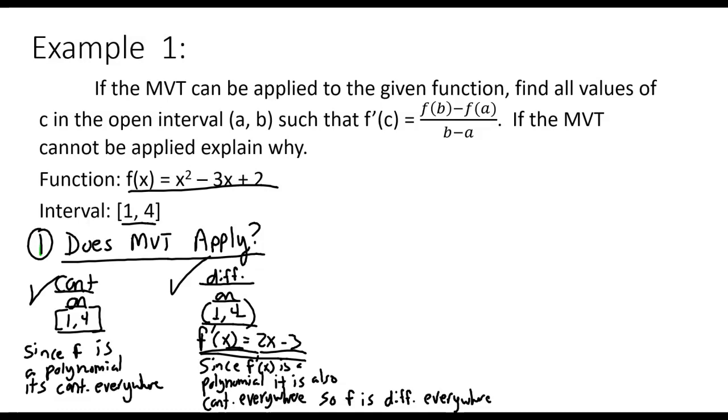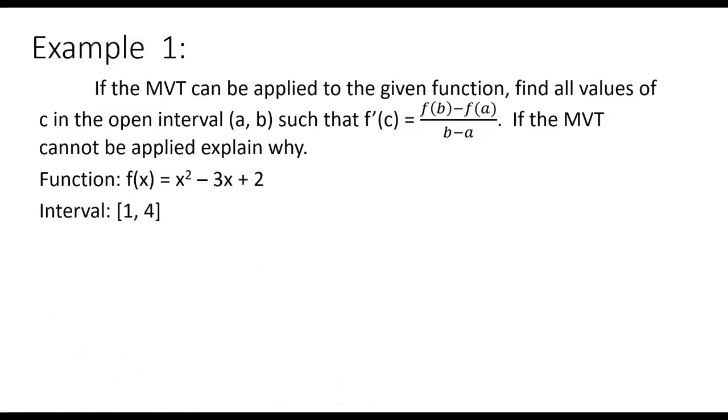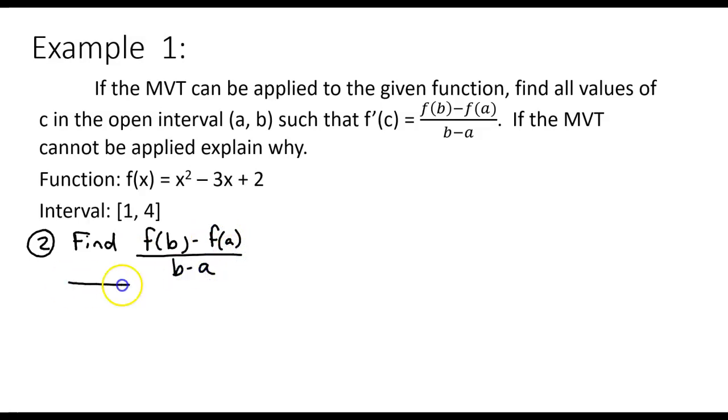Step 2 asks us to calculate f of b minus f of a over b minus a. Okay, so to do that, we need to start out by knowing what our a and b are.